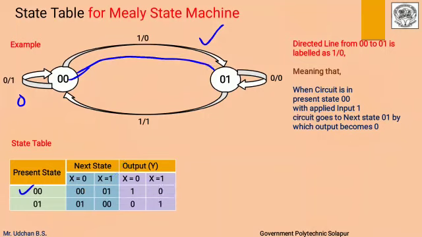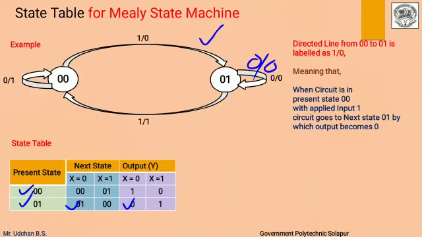Similarly, we can write for this present state 0 1. For the 0 1 state, when the value of input is 0, it will remain in that state only, for which the output is 0, like this.